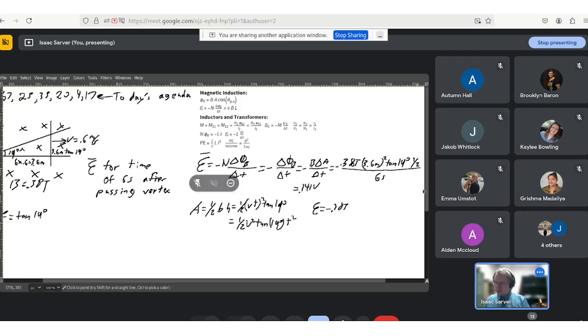It's definitely not required. Because the question asks for an average, this is the answer we're looking for. This is getting fancy. That's technically calculus. Let's not go there.